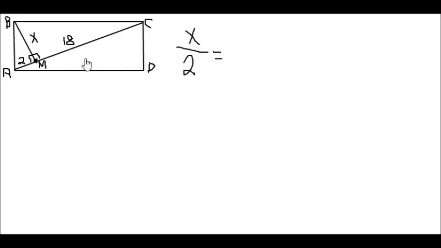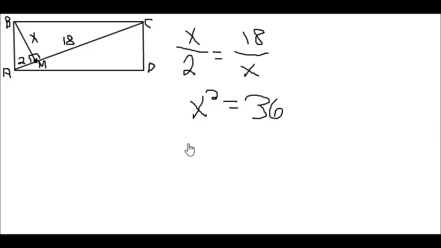is equal to, and then we'll go to the next largest side, which is 18 of the large triangle, over the next largest side of the small triangle, which is x. Then you can just cross multiply, and you'll get x squared is equal to 36. Take the square root of each side, and you'll get that x is equal to 6.